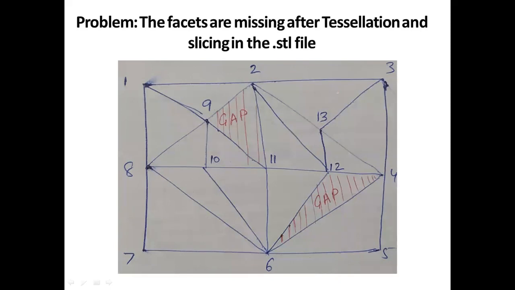Suppose this is one surface which has been tessellated, and what you observe is that facet 2911 and facet 61214 have been lost. So these are the typical gaps that you observe in an STL file.